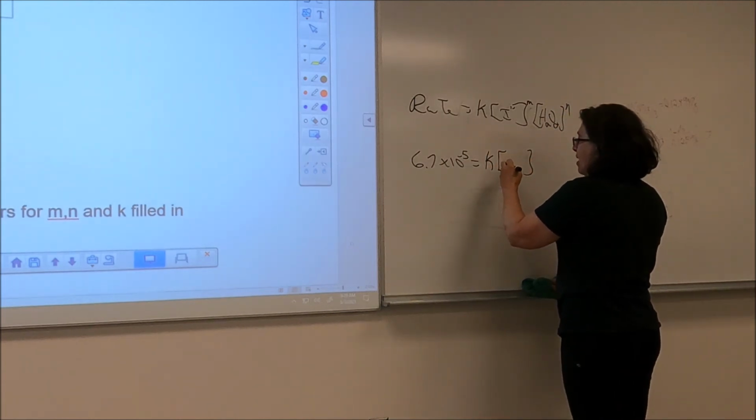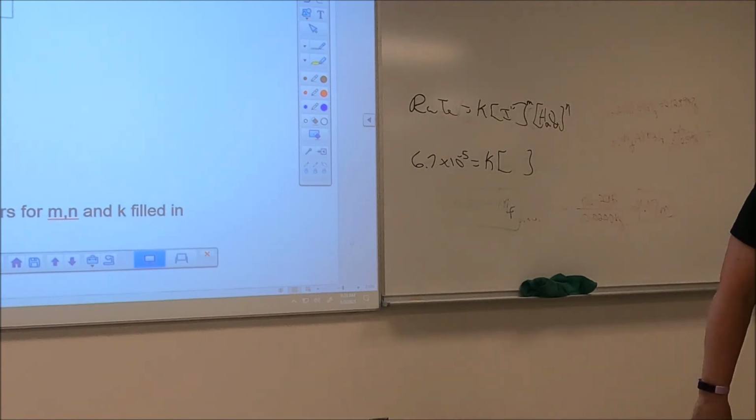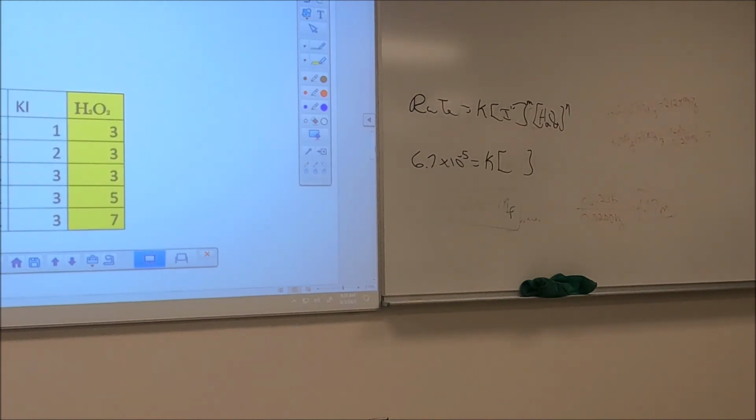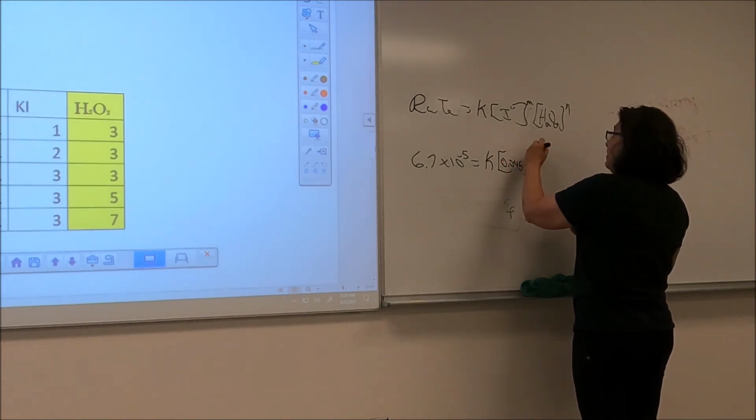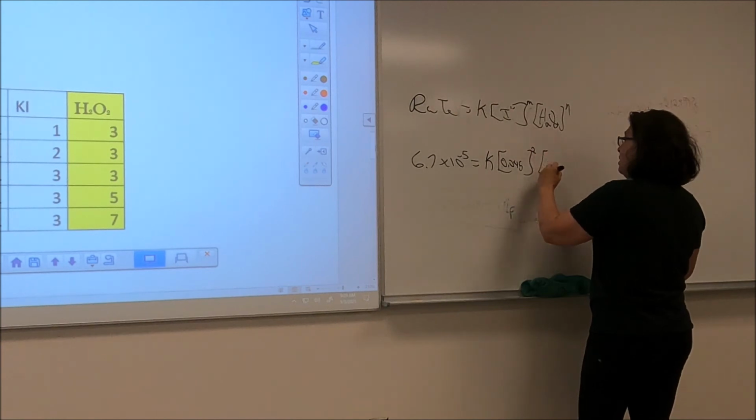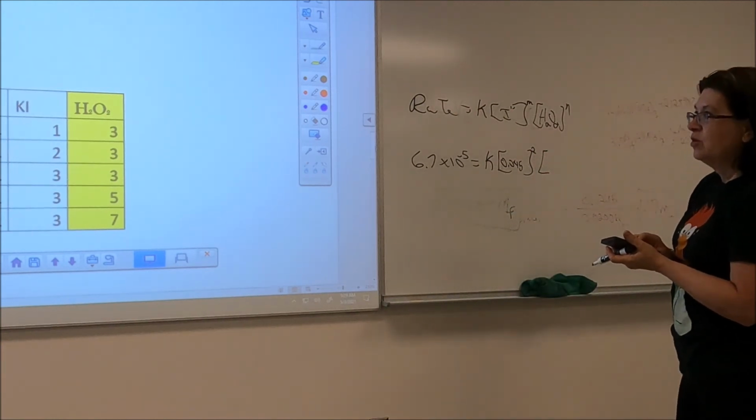The iodide concentration there in experiment 3 is going to be, let's see, 3 times 0.3 divided by 20, 0.045, and let's say this ended up being to the 2.